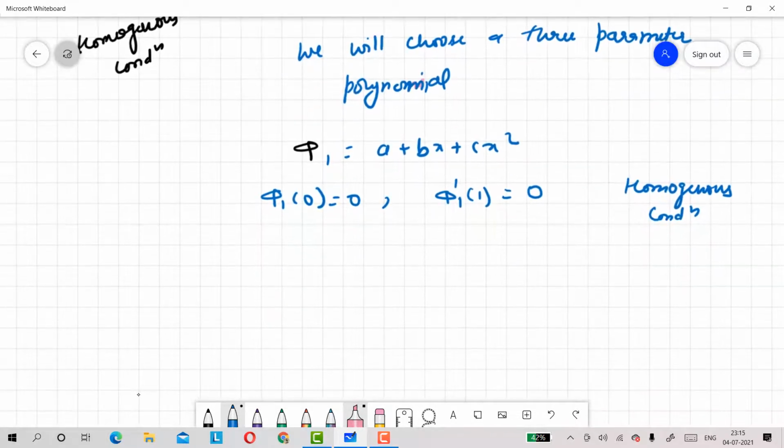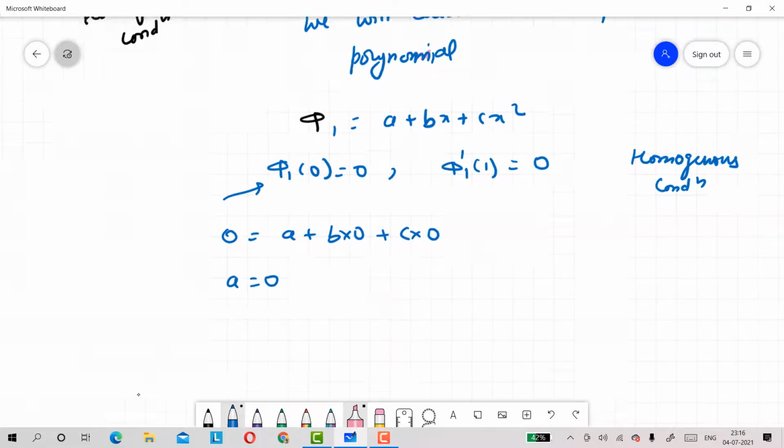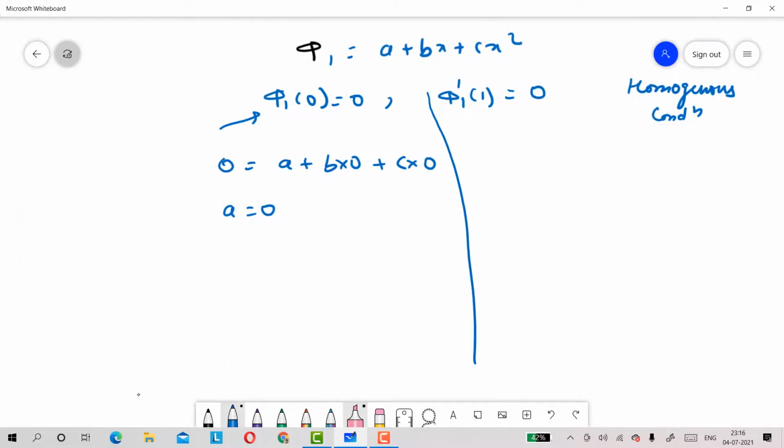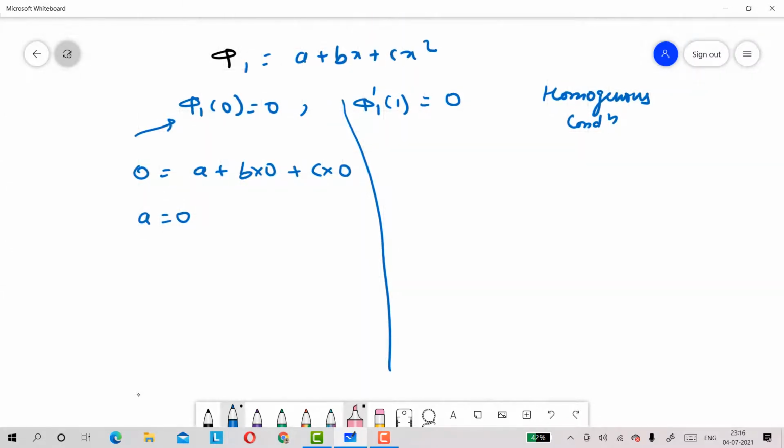So putting the x value, a equals to 0. Similarly, for phi dash (1), it becomes a, already 0, differentiation b plus 2cx. Okay, now putting the value 1.